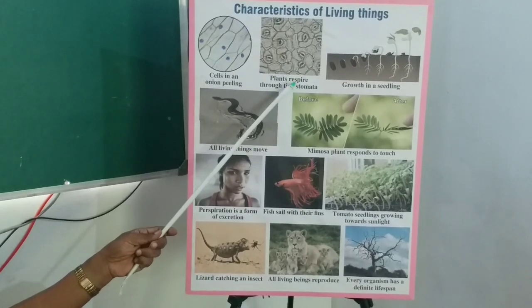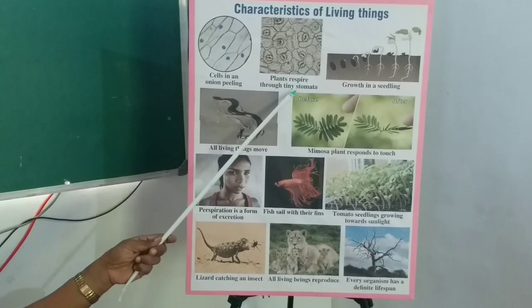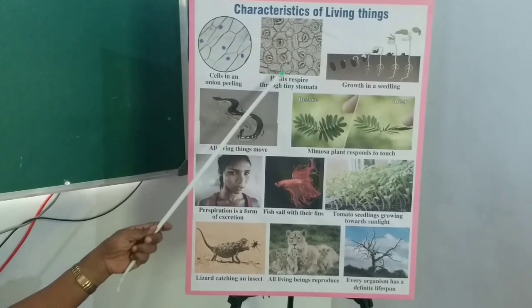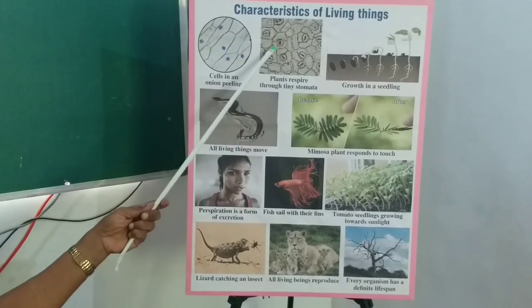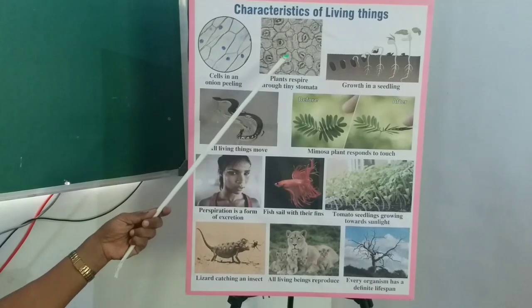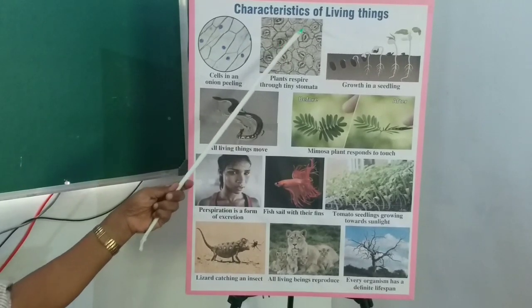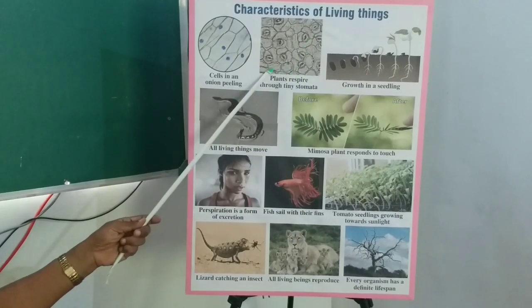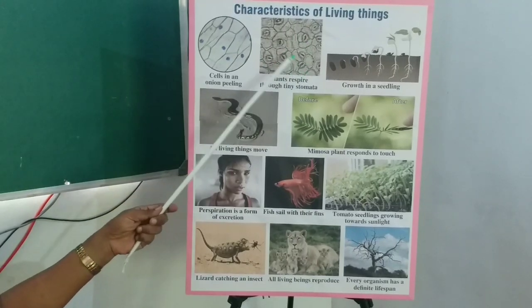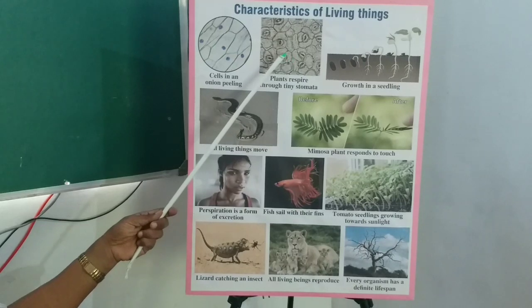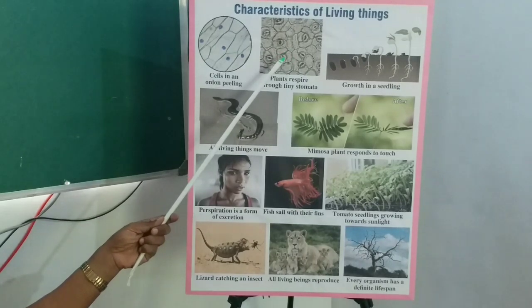Even for more than half a minute we will not be able to sustain without oxygen. In the case of plants, they have stomata or small openings on the underside of the leaves. Through these tiny stomata, these leaves breathe. They take in oxygen again and give out carbon dioxide.